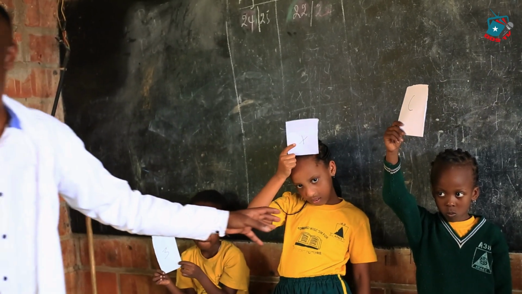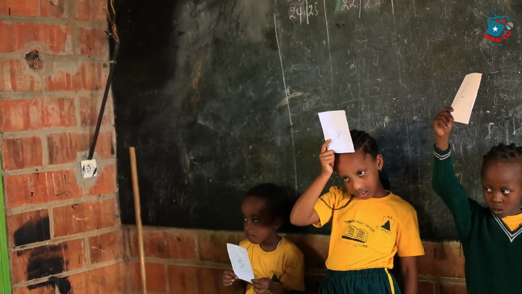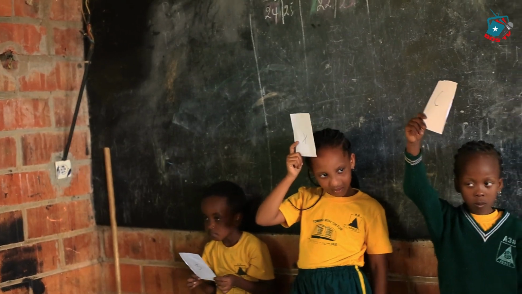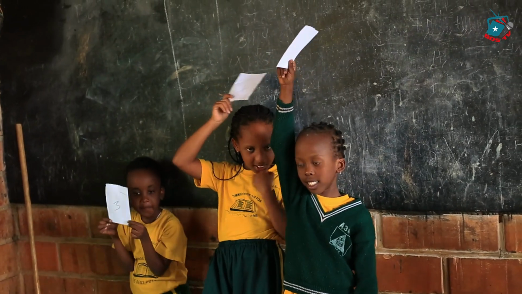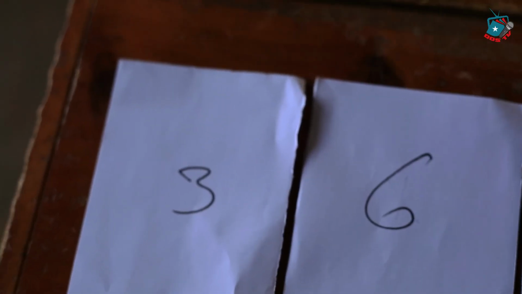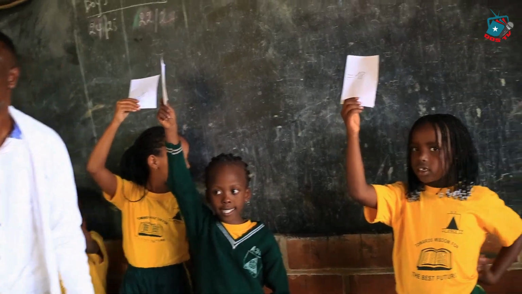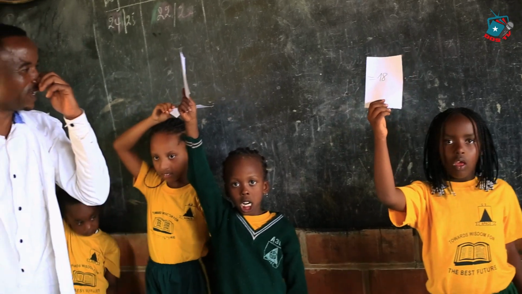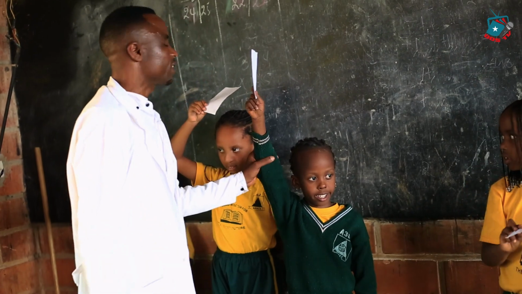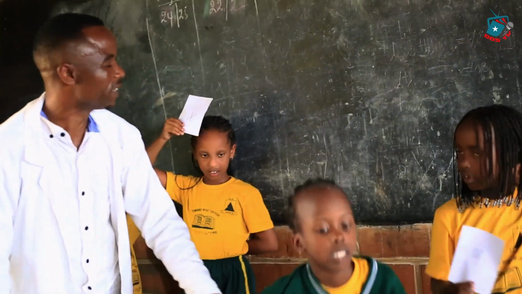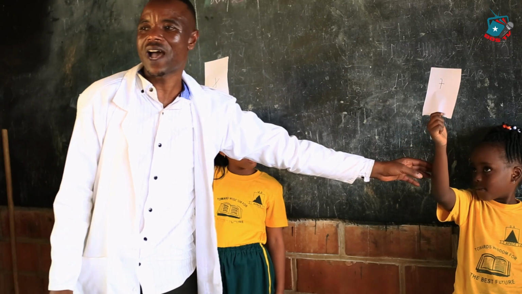No one? Which one? Santa. 3 times 6 equals how many? 3 times 6 equals 18. 3 times 7, who has the answer?